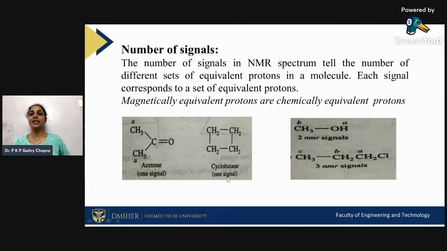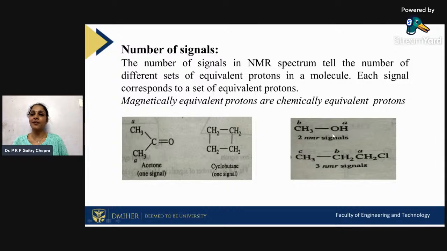In the next example, there is CH3OH, methanol. Here, we have two different types of protons. Why are they different? Because their chemical environment is different, and in turn, their magnetic environment is different. The protons in CH3 are attached to a carbon, which is in turn attached to oxygen.